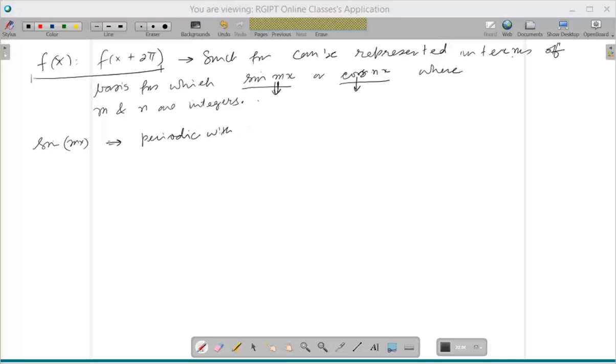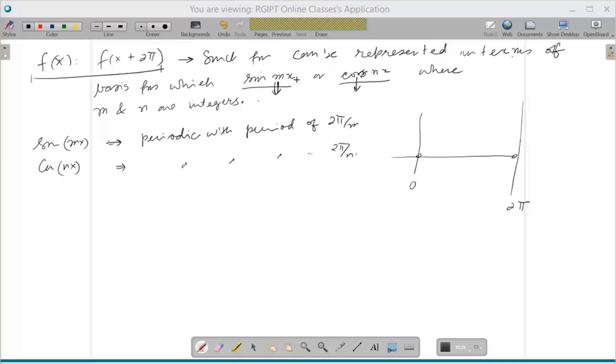Similarly, cos nx will be periodic with a period of 2 pi by n. That's a fundamental period. So if you plot them from 0 to 2 pi, and m and n are integers, it can be 0, 1, 2, 3, 4, etc. Let's forget 0 for now.